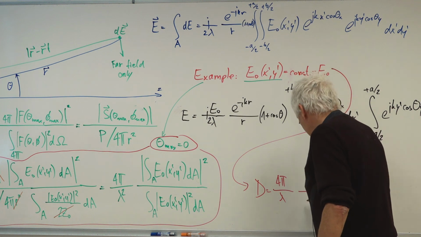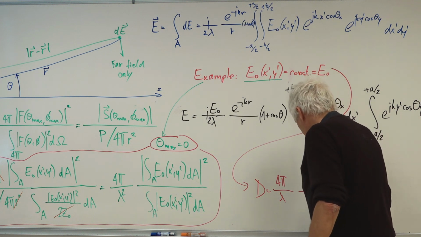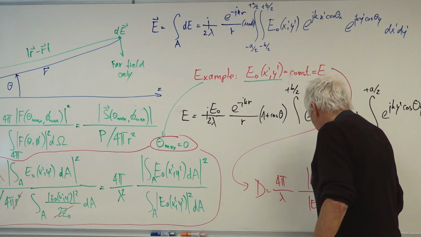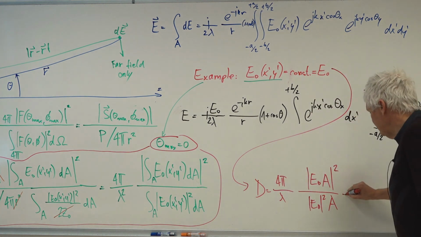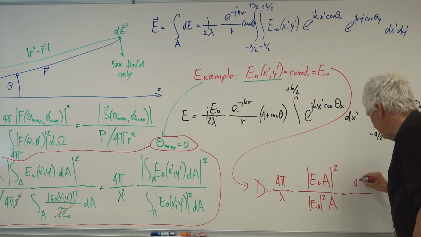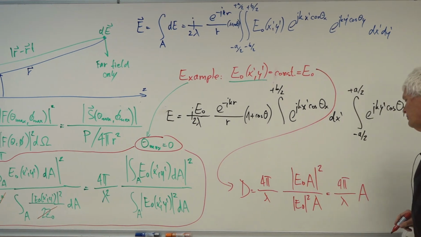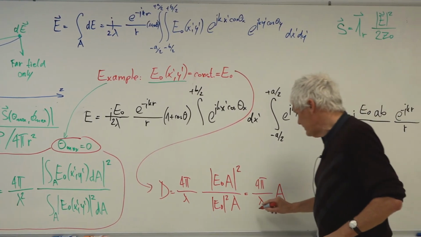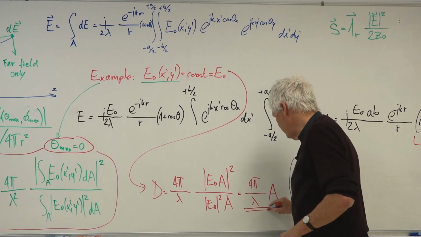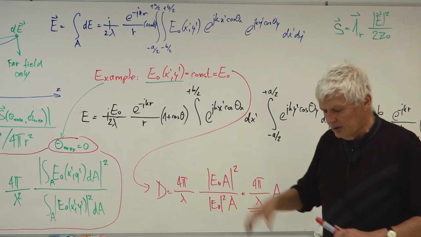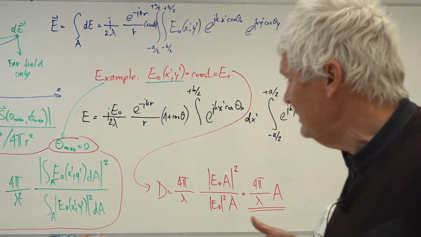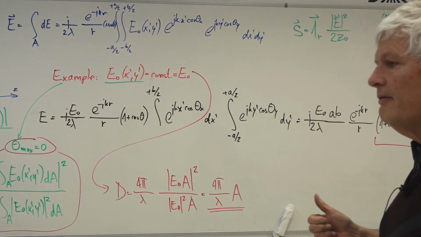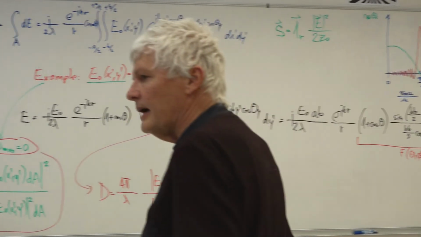And in the bottom, I have E0, that is constant, squared, times A. What I get here is 4 pi over lambda times A. And we proved this difficult relationship, you remember, two weeks ago. I just pulled this out of my pockets. I say this is valid. This thing is exactly valid when we have a uniformly illuminated aperture.